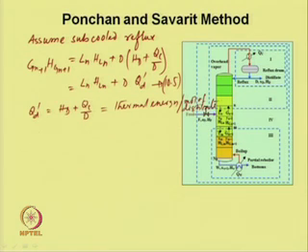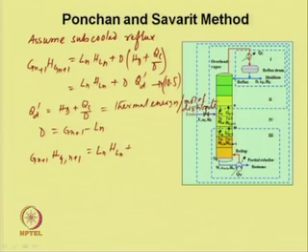If we put from the total material balance equation, D is equal to Gn plus 1 minus Ln, in these equations 10.5, we will get Gn plus 1 HGn plus 1 is equal to Ln HLn plus Gn plus 1 minus Ln into Qd dash.